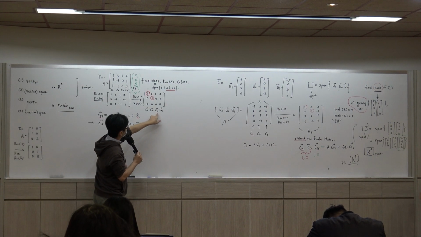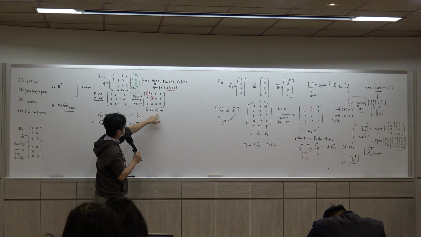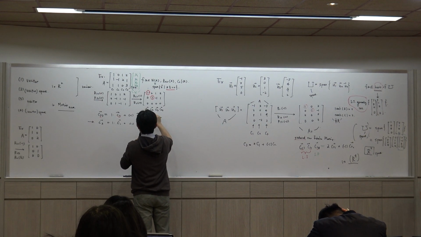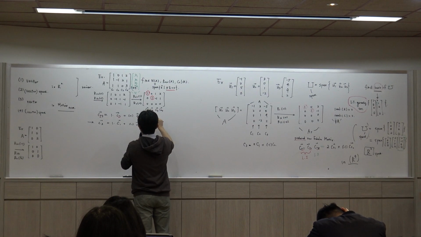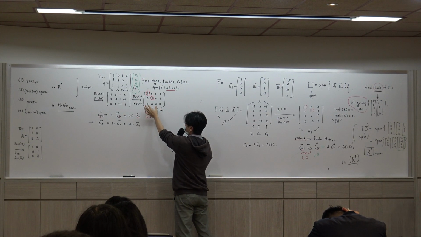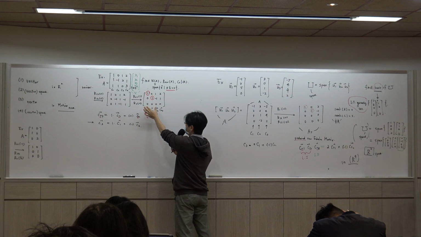For this CR3, the two vectors are linearly independent, right?